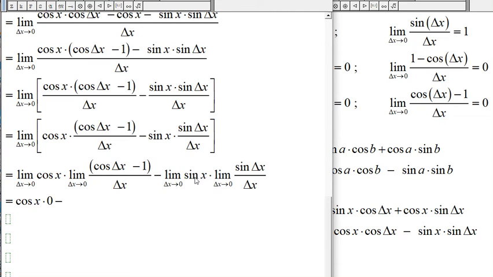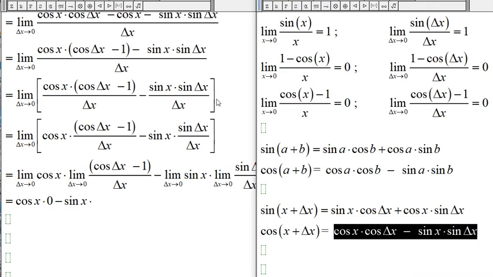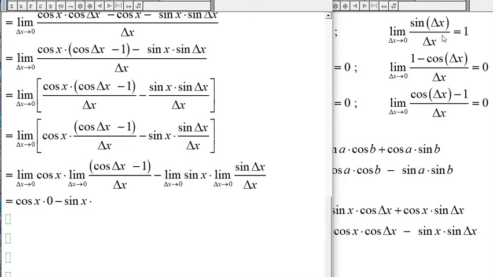This is the limit of sine of x as delta x approaches 0, but there's no delta x here. And so we just get sine of x. And this is the limit of sine of delta x dividing by delta x as delta x approaches 0. And for that, we're using this formula right here, which is 1.